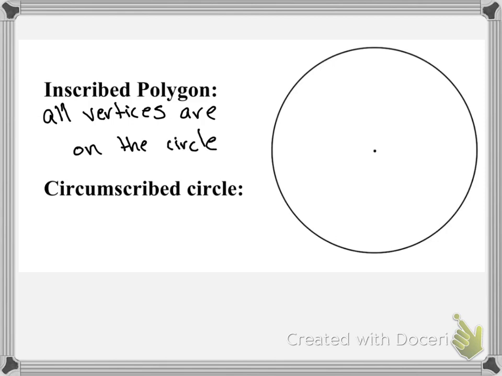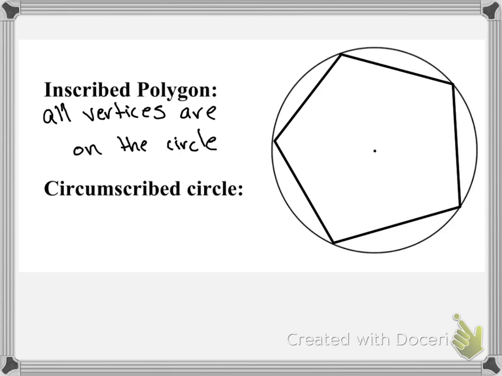So if I was to come in here and do a pentagon, if I can put all the vertices of this pentagon on this circle, five-sided, 1, 2, 3, 4, 5, then we say the pentagon is inscribed in the circle.